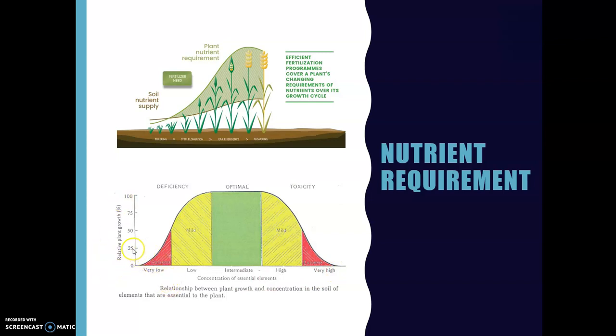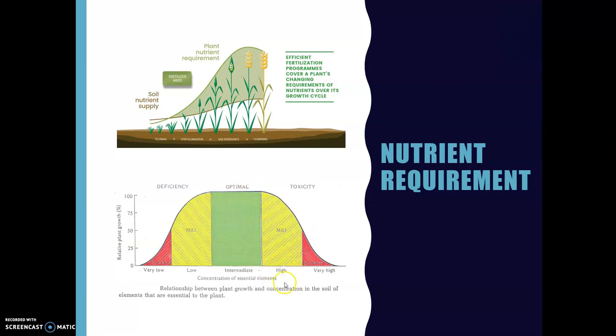If very low nutrient, the plant growth is stunted. If you have a low nutrient level, the plant still can grow, but it's not to the optimum level. When you have a good amount of nutrient or essential elements, the plant growth is at optimum level.